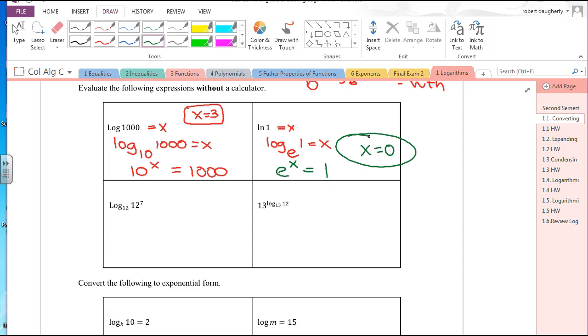Now, anybody know what this one is? Log base 12 of 12 to the 7th. What's the relationship between an exponential and a log? They are what? Inverses of each other. So log base 12 and 12 to a power, what are those things? They're opposites.